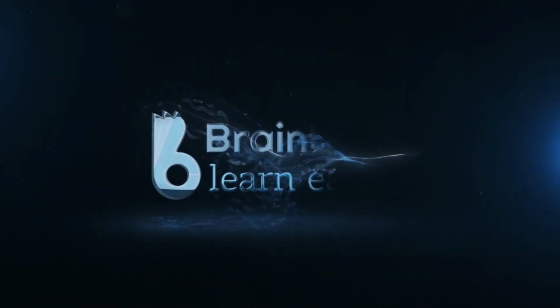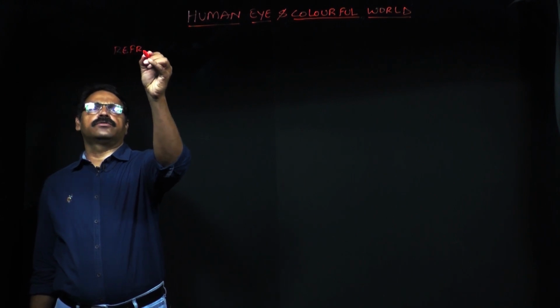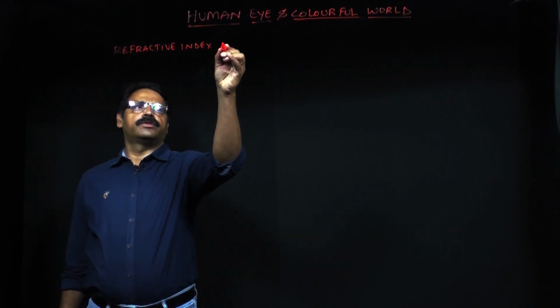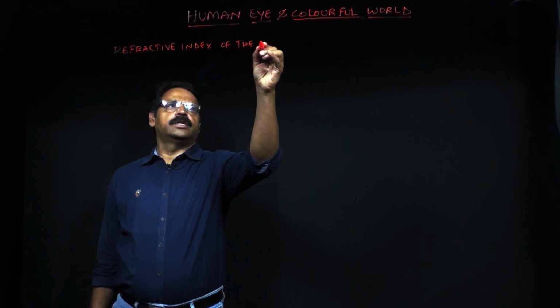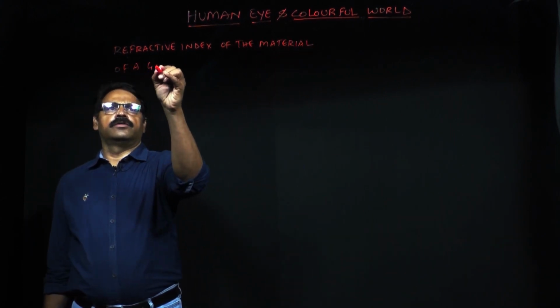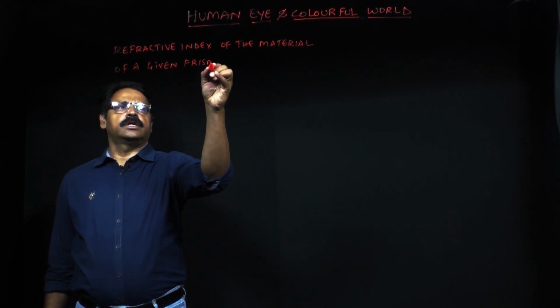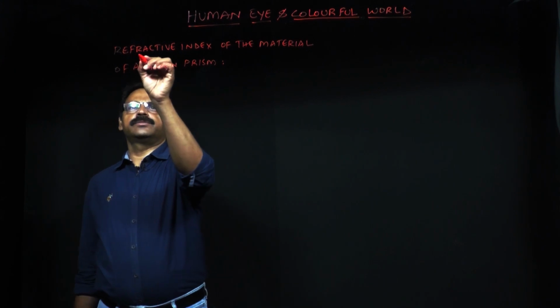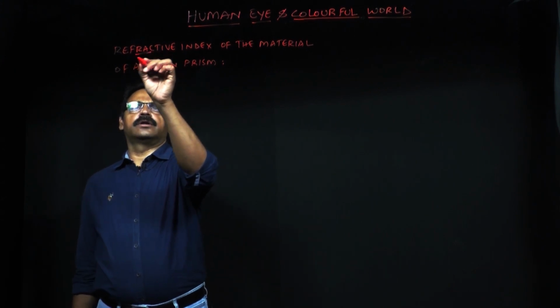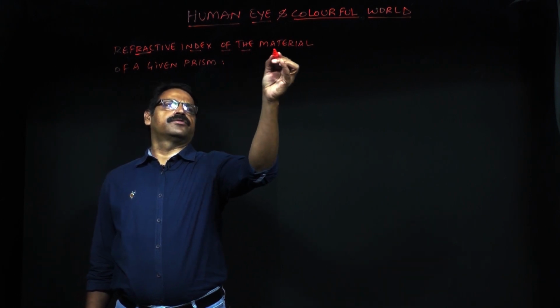Now we look at the refractive index of the material of a given prism. Generally, the refractive index is one which identifies the nature of the material.